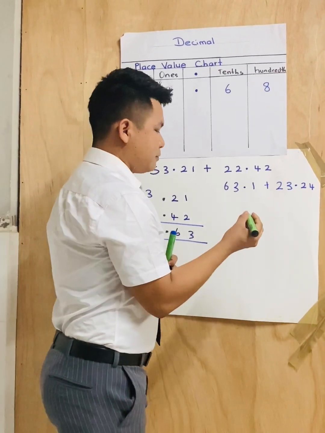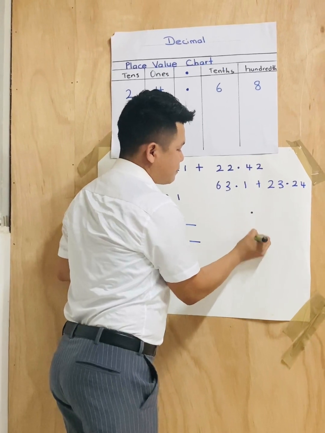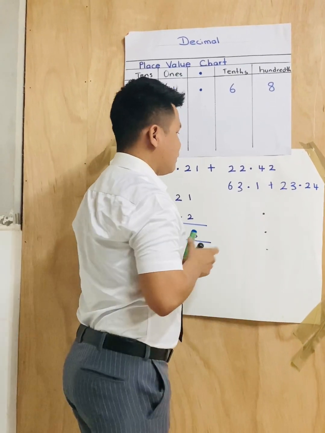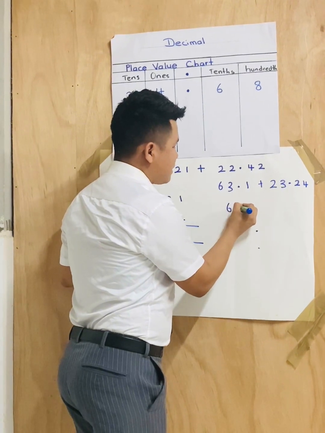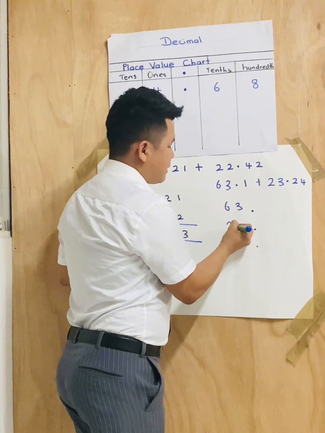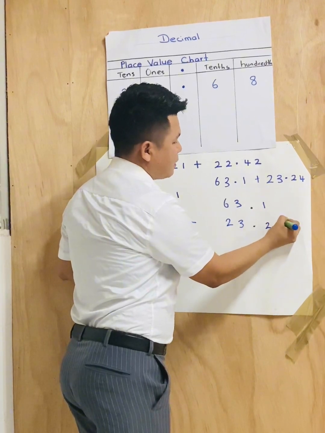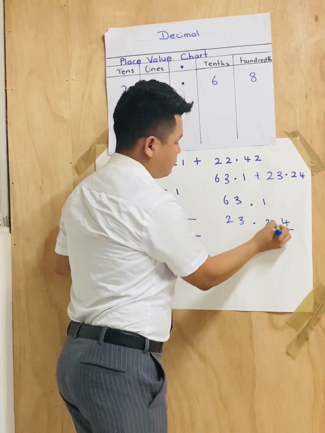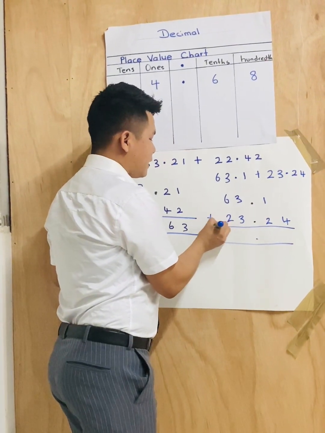Let us set down, put down our decimal points, and we place our numbers given. 63, 23, 1, 24. Remember to put in your addition sign.